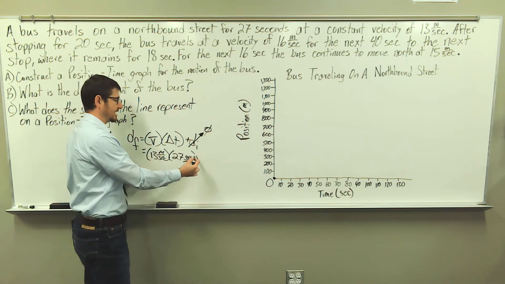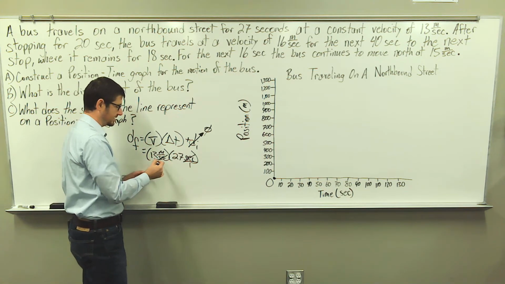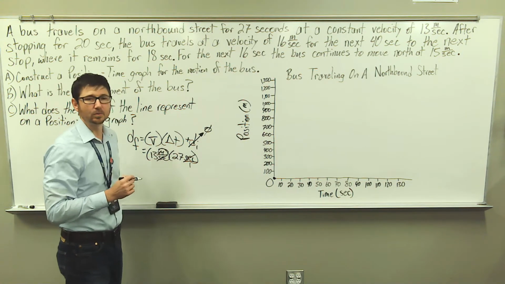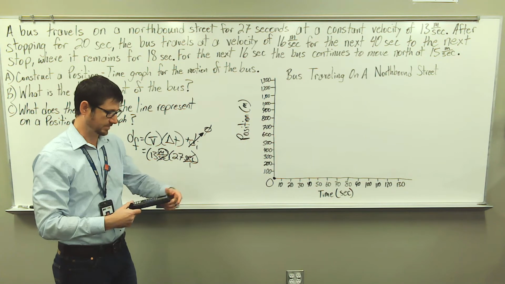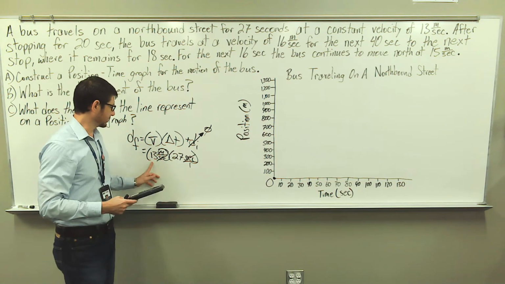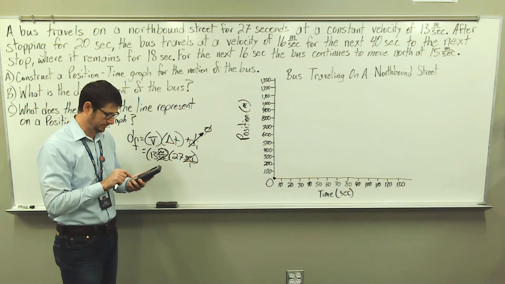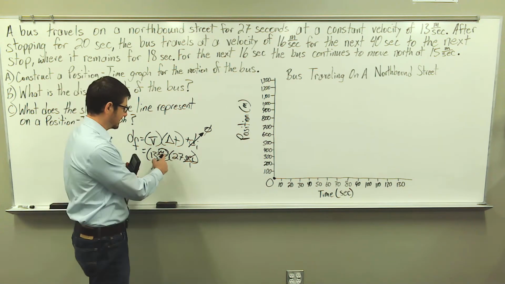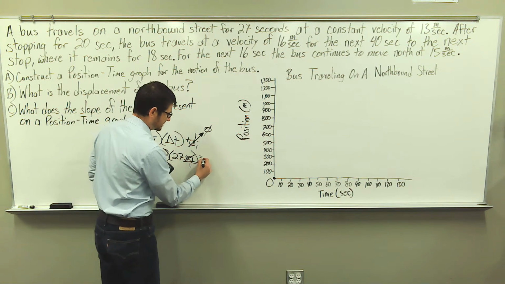So I have seconds in the numerator and seconds in the denominator, and those will cancel, leaving us with units of meters. Let's take out our calculator: 13 times 27, we get 351, and we have units of meters.